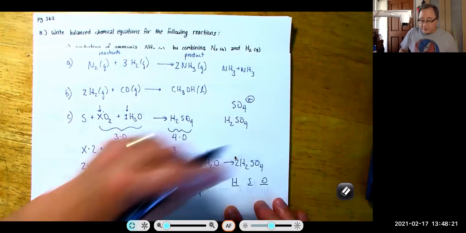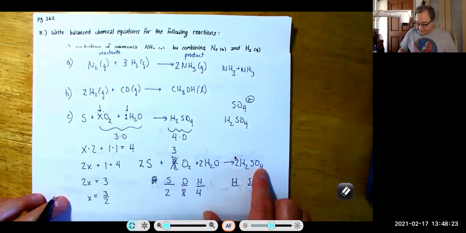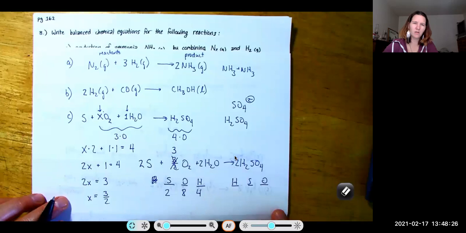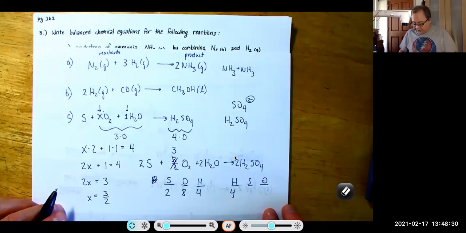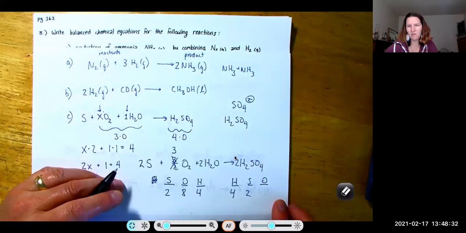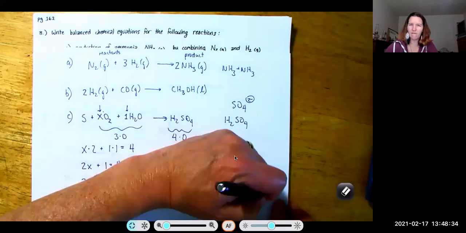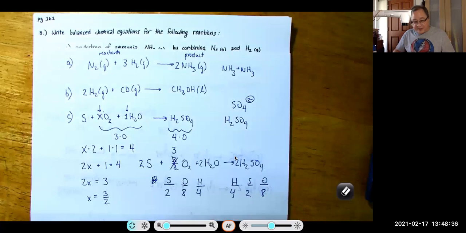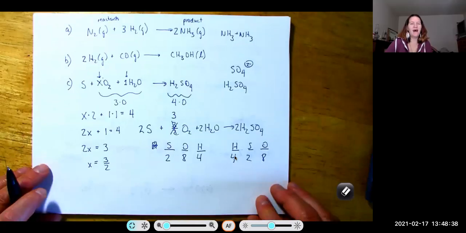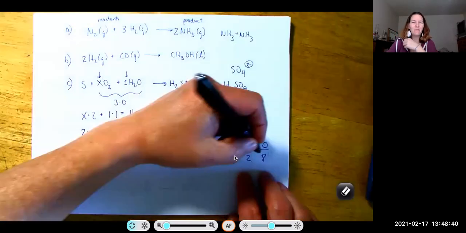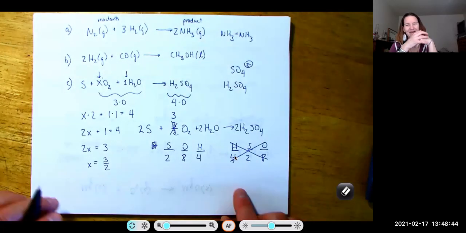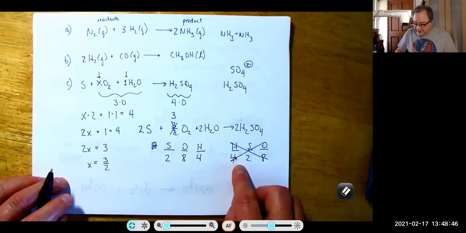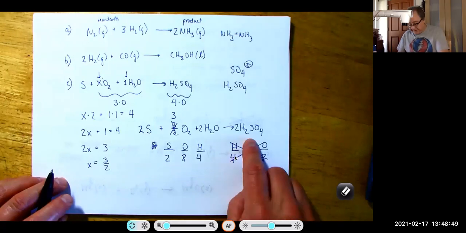So hydrogen, sulfur, oxygen. How many hydrogens? 4. How many sulfurs? 2. How many oxygens? 8. So do they match? Yeah. They do, but it's kind of hard to tell, isn't it? A little bit. Do we have to make the list in the order in which we find the elements?